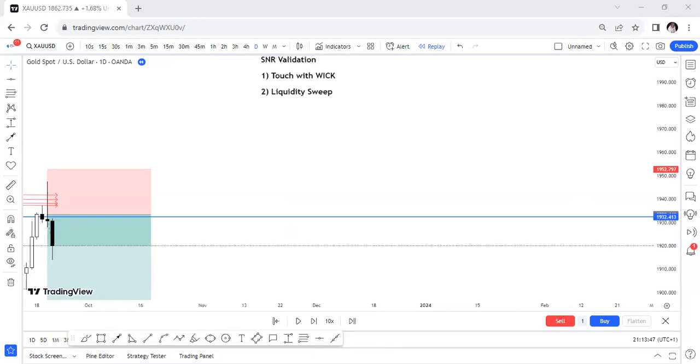This is a liquidity sweep. Liquidity sweep is simply when price taps into the previous high and takes it out and gets rejected downward. By the time you see this place, this previous high has been breached.